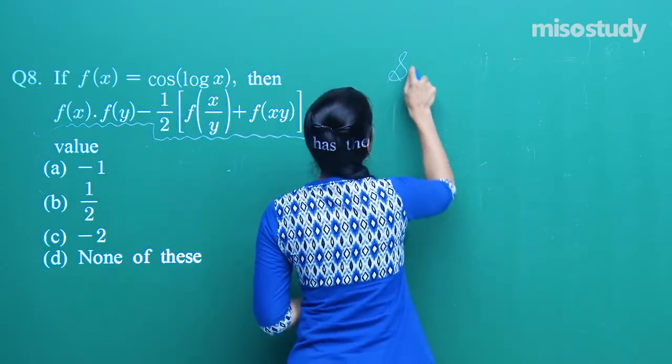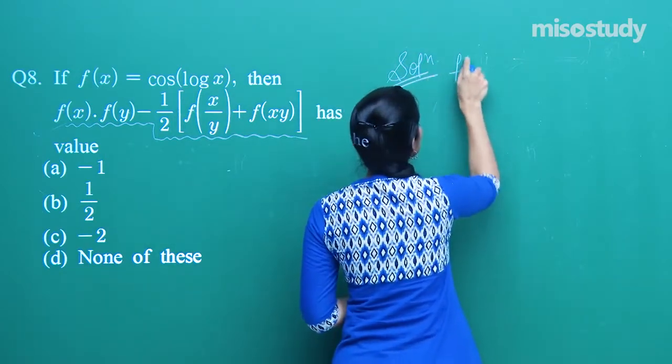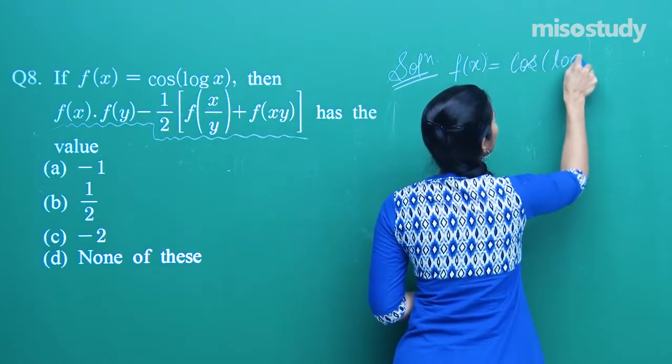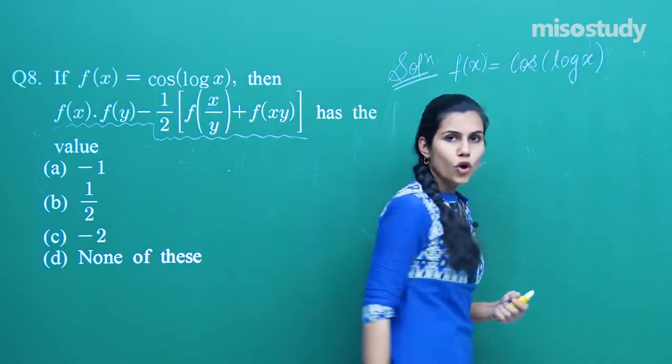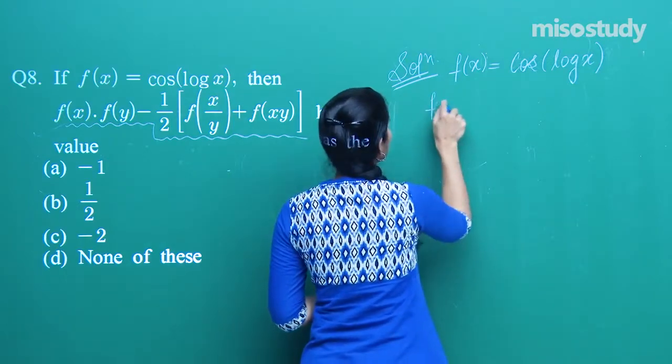We have f of x equals cos of log x. In that case, what is f(x) into f(y)?